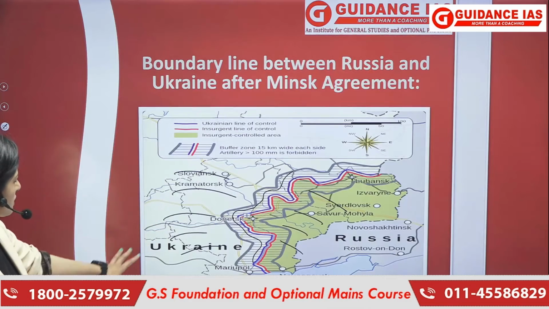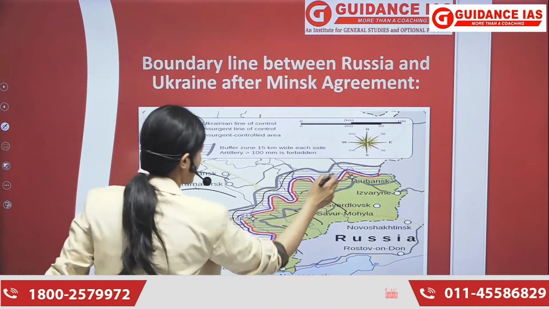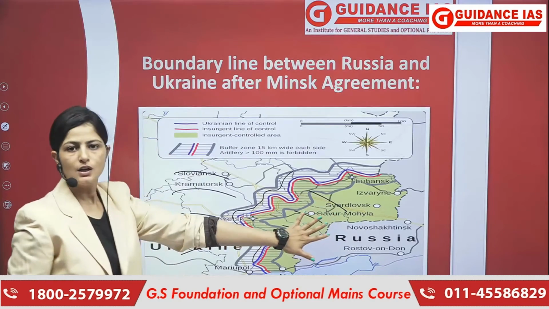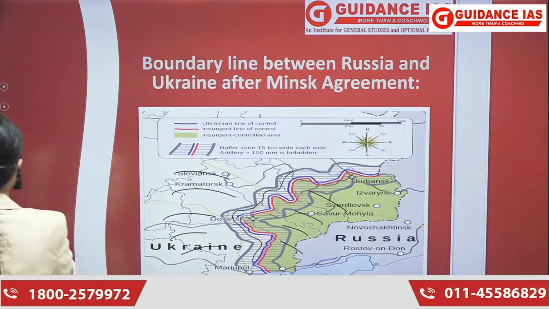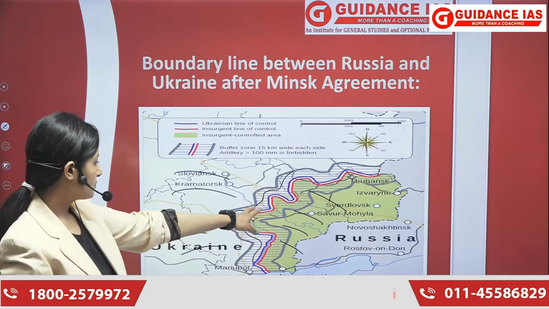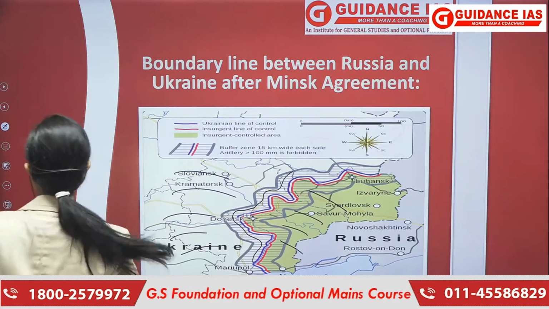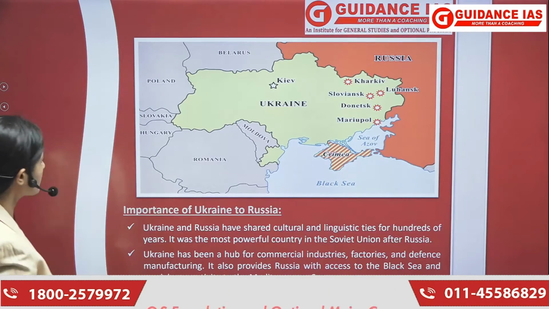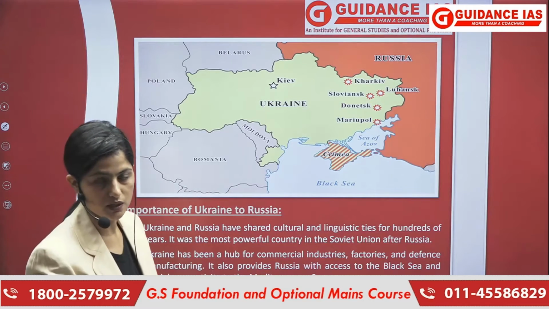Nothing much you need to remember, just that this is the boundary line between Ukraine, between Kiev, and the insurgent groups or the rebellion groups, right? Which Russia recently recognized, these two rebellion regions also. Russia has recognized their independence.